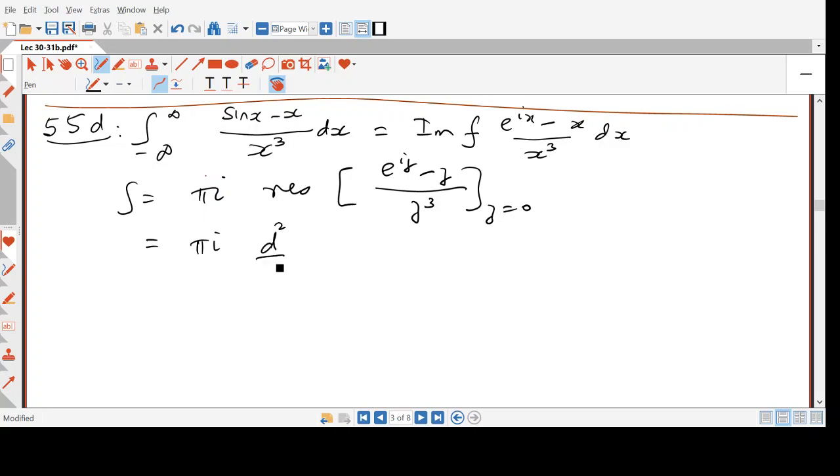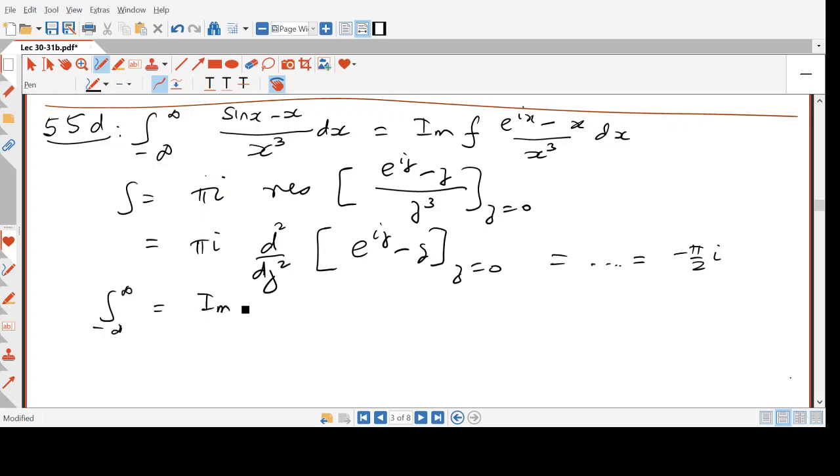So it'll be d squared dz squared of the numerator, e to the iz minus z. Then you plug in z equals naught. So crank this out a bit. And at the end of the day, you should get minus pi over 2i. So the answer is the integral is actually the imaginary part of minus pi over 2i, which is just minus pi over 2.